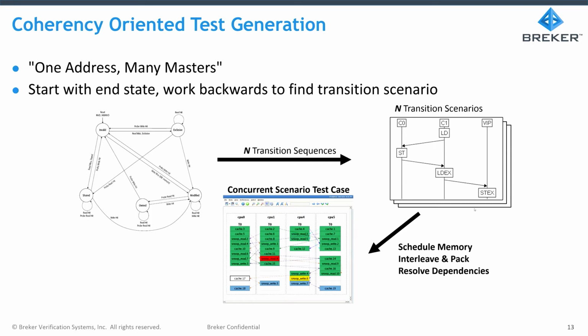Okay. Each of these arrows represents a producer-consumer dependency that is both automatically inferred by the tool and automatically enforced by the tool. And then what is happening is we are generating multiple such scenarios and co-scheduling them to create a complete coherency mess. Right?